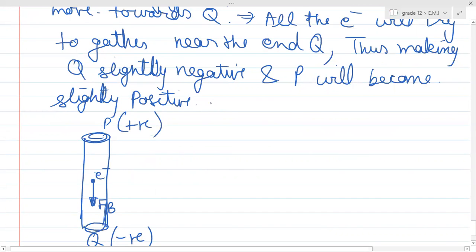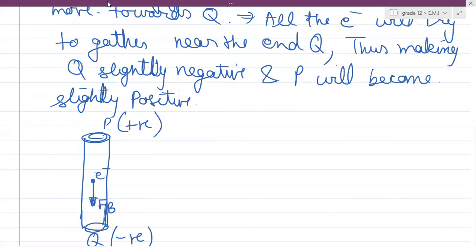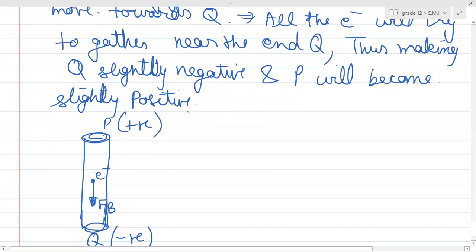So due to this shifting of charges, a positive terminal and a negative terminal, or basically certain polarity, is created across the ends of the PQ, right? Yes or no, guys?